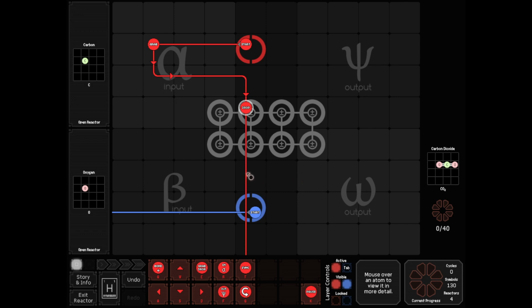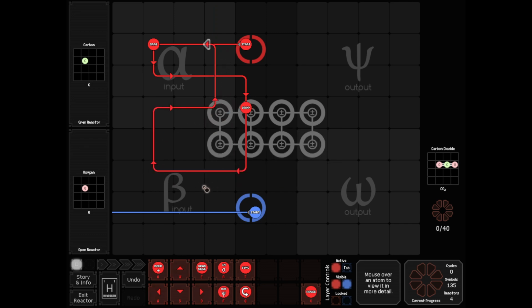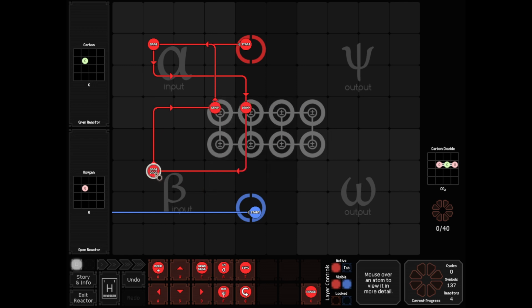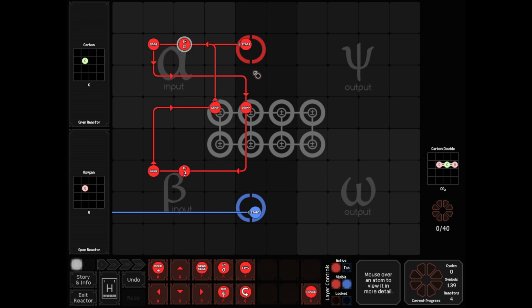And then, you know what? Let's just something like that. We're going to grab an oxygen on red as well. Input beta. Don't forget to input the alpha. Grab, drop, grab, drop. And then we've got a loop.